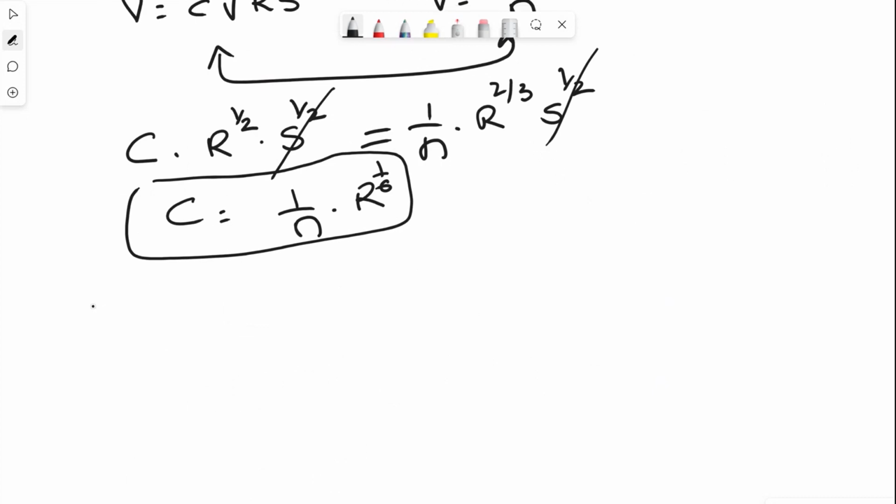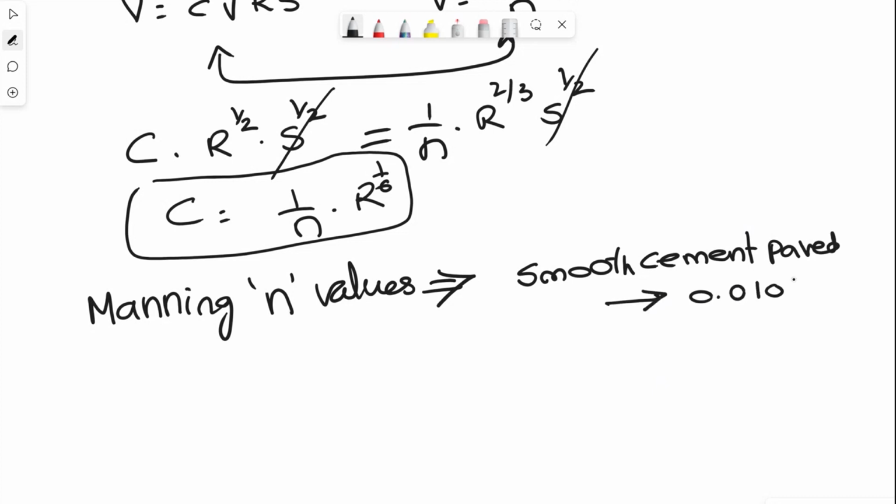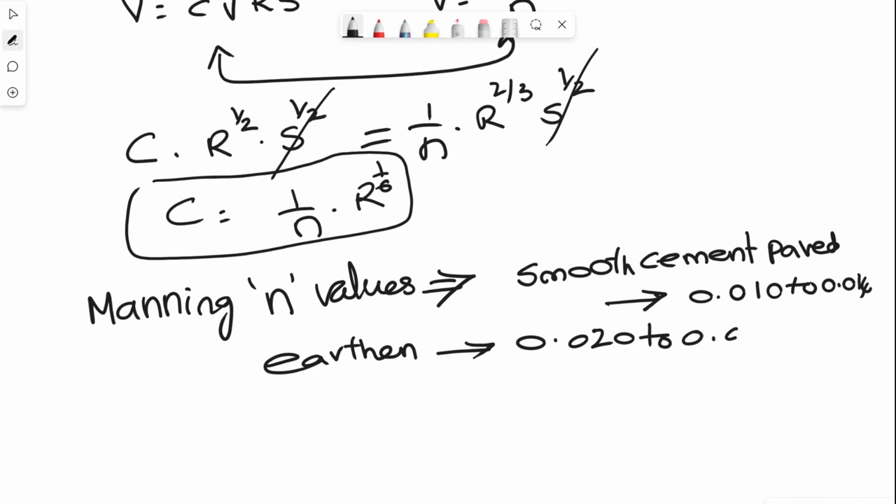And what are the general Manning's n values? I am talking about general values. If you take a very smooth cement paved channel, a lined channel, it may vary from 0.010 to 0.014. Then if you take an earthen channel, earthen channels offer more resistance, so it may be 0.020 to 0.030.